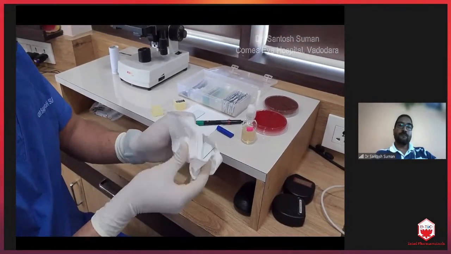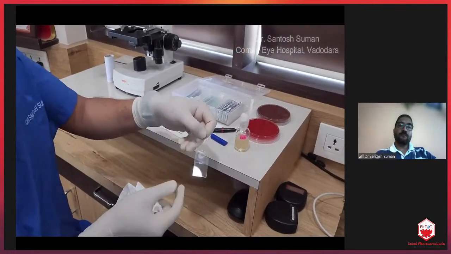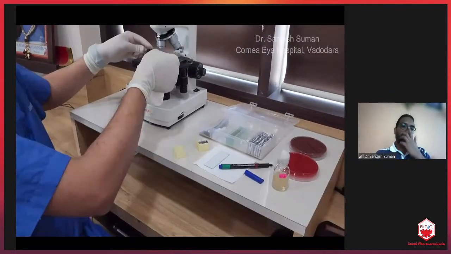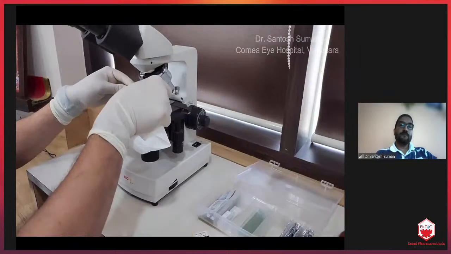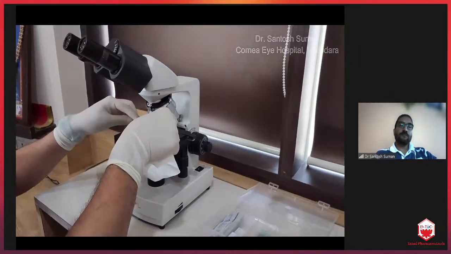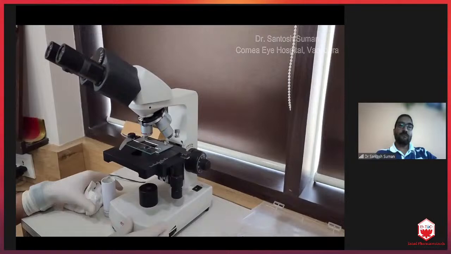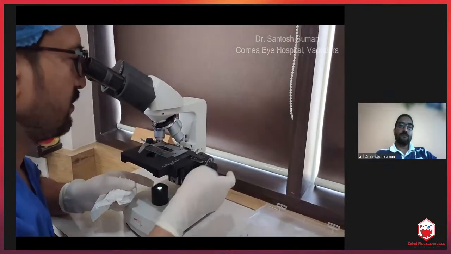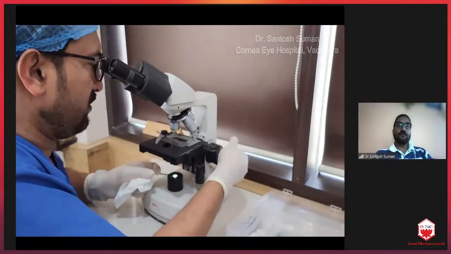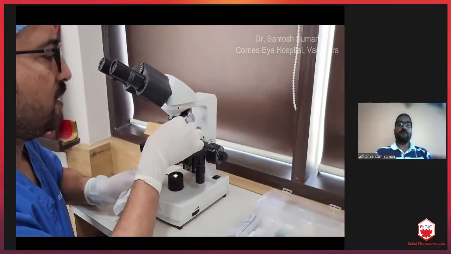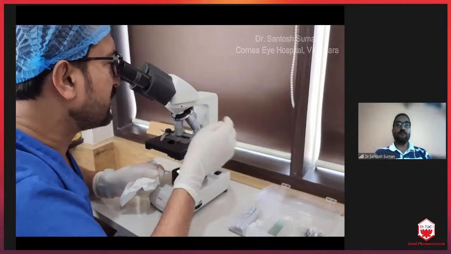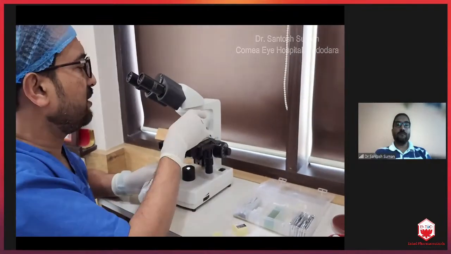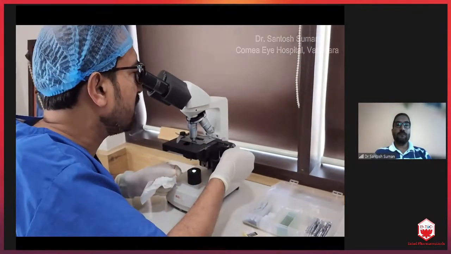Remove the excess KOH by pressure, and then the slide is ready for viewing. Viewing is started on the lab microscope with 4x magnification and gradually increased to 10x and 40x magnification. Whereas for gram stain, after fixation, smear, and staining, we have to focus on 4x magnification and then directly switch to 100x with oil immersion.